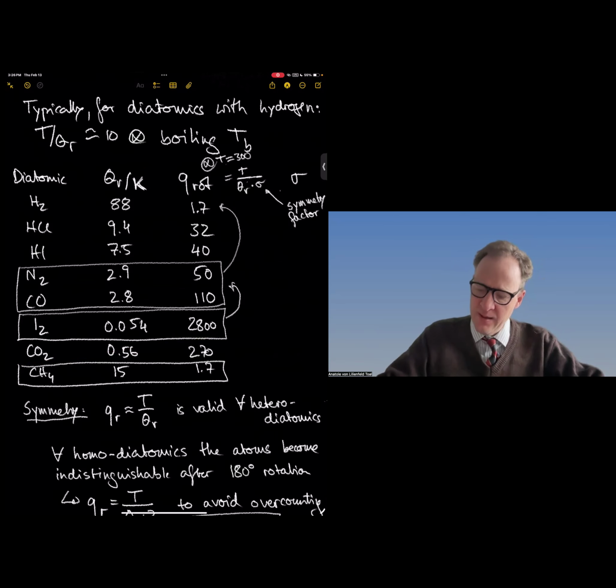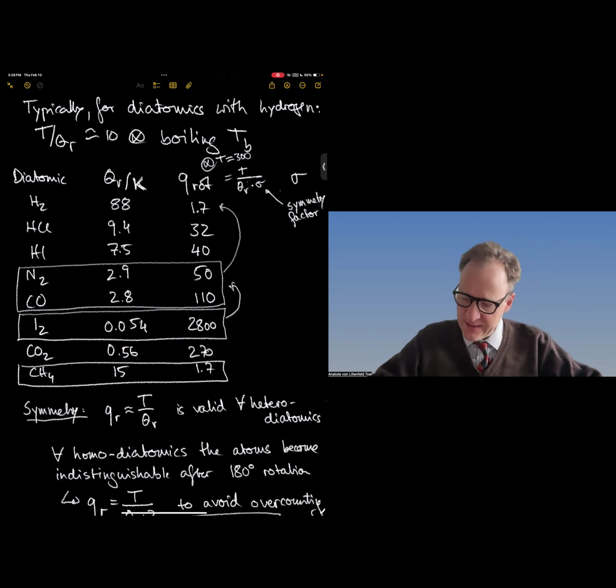Now, if we go back to our little table here, we can now note the corresponding sigma factors, and let me enter the sigmas next to these molecules. So for H2, it's homodiatomic. We would have a symmetry factor of 2, right?